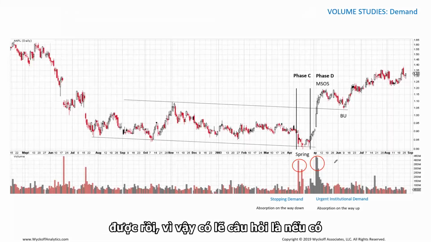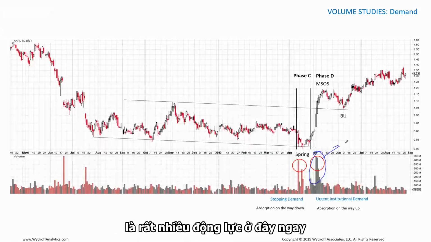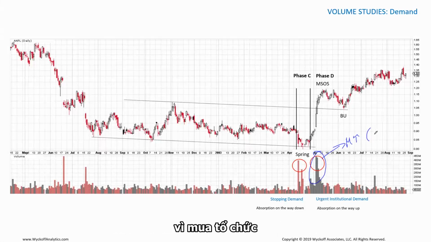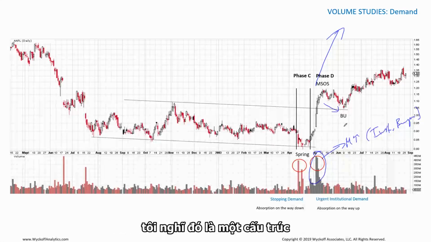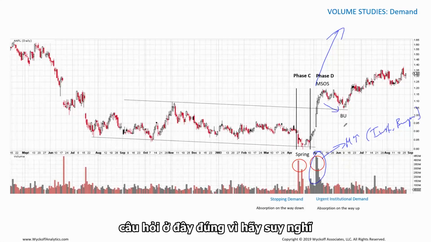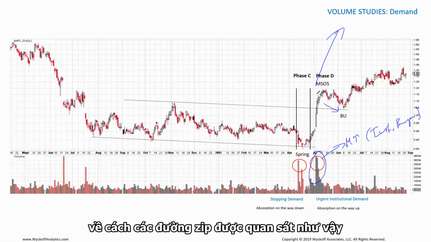Okay, so maybe the question is, if there is so much momentum here because of institutional buying, then why doesn't it go up, but goes into the backing up action? Well, I think it's a structural question, right? Because think about how supply is being absorbed.